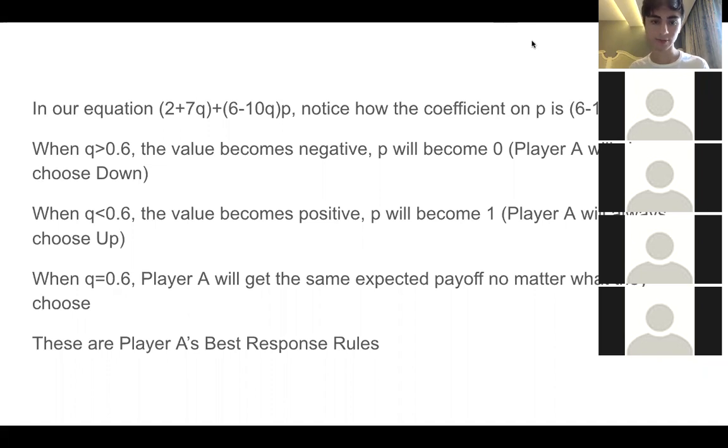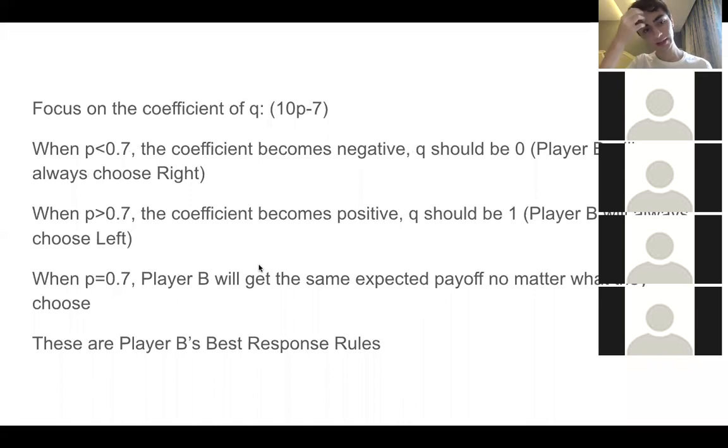Now we go to player B. If player A's probability is less than 0.7, Q is going to skew hard. If p is greater than 0.7, Q is again going to skew hard, but in the other way. And when p is 0.7, player B is going to choose something. So given that, what do you think both players should do? What probability should both players use? What should P be and what should Q be?